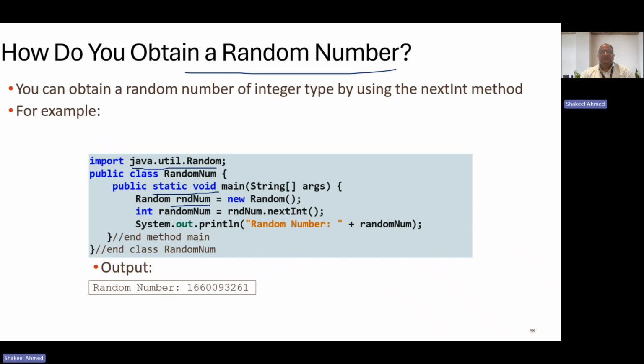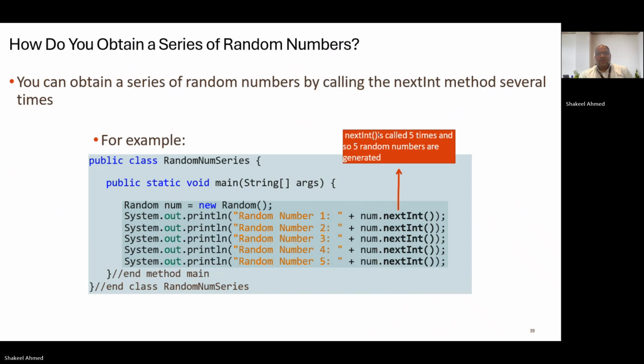Then we create an instance of the class Random, new Random, and we generate a random number: an integer, random.nextInt. Then System.out.println, so whatever the random number may be, it will simply generate a random number from the system. Next time you run the program, you may get a different random number, because it is randomly generated at runtime and you get different values. So that's how the Random class can be used.